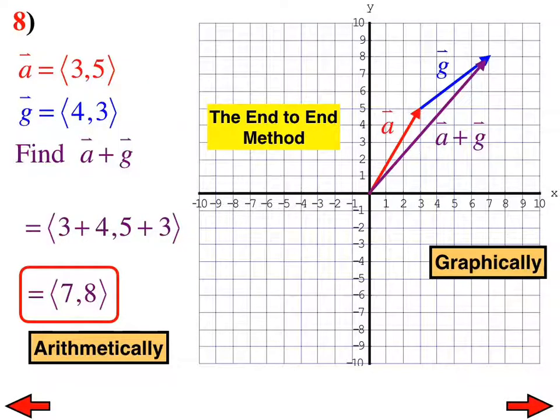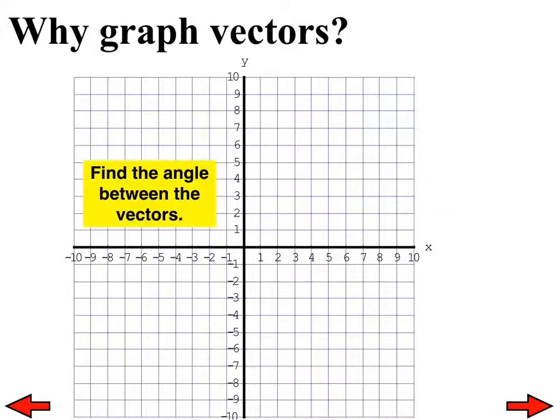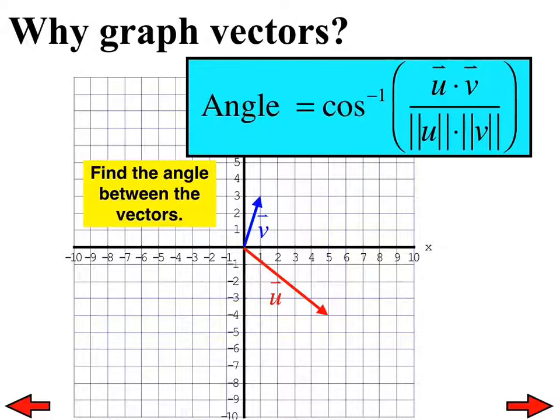Okay? All right, so that is the end of day 1, but one really quick thing here. Why do we bother graphing vectors? Well, the real reason is this. In physics and other math classes where you're doing some real-world problems, you might be asked for the angle in between those two vectors, depending on what the situation is representing. And the only way to do that is by doing what we are doing. And so today we learned how to do this.